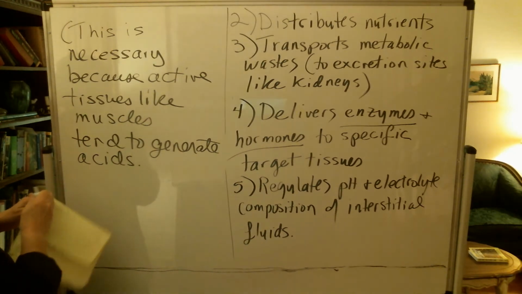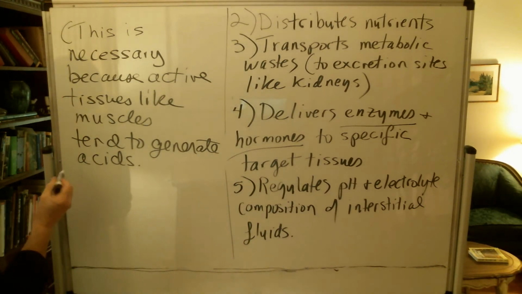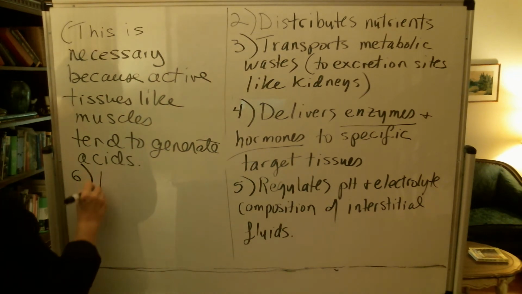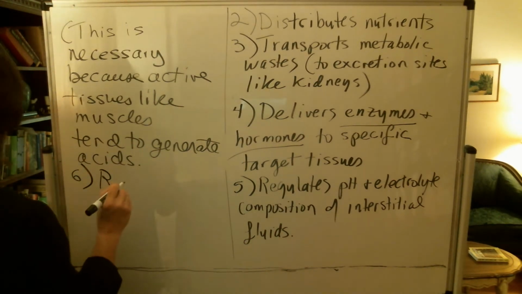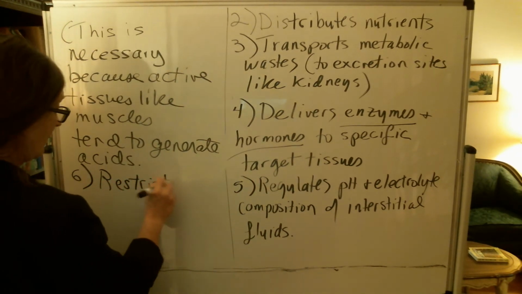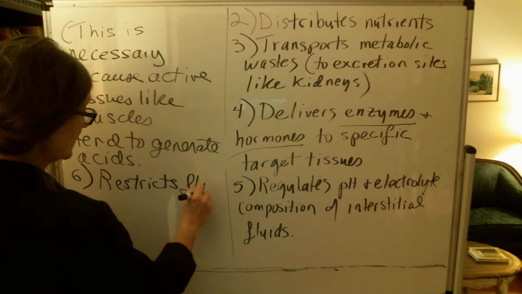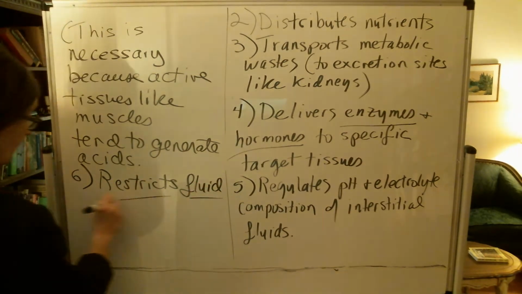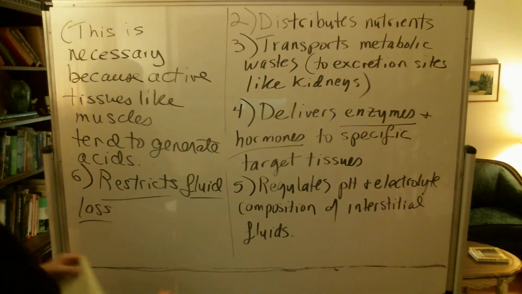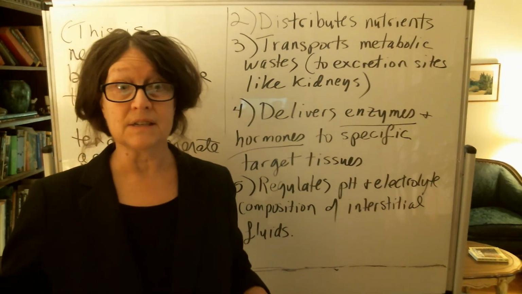So then here is another really cool thing that blood does, and this is quite remarkable when you think about it. Blood, the fluid itself, then restricts fluid loss. Think about it. Blood clots itself.